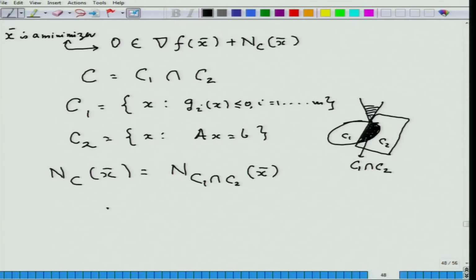The indicator function of C1 intersection C2 is the same as writing the indicator function of C1 at x plus the indicator function of C2 at x. Because you see, if there is an x which is both in C1 and C2, then both would be 0, and hence this will be 0.